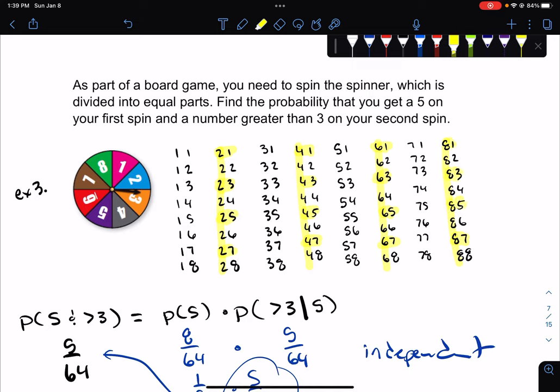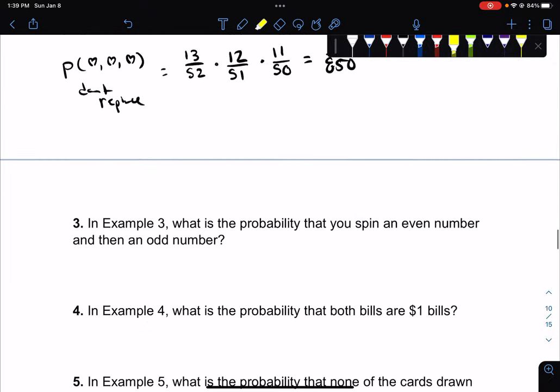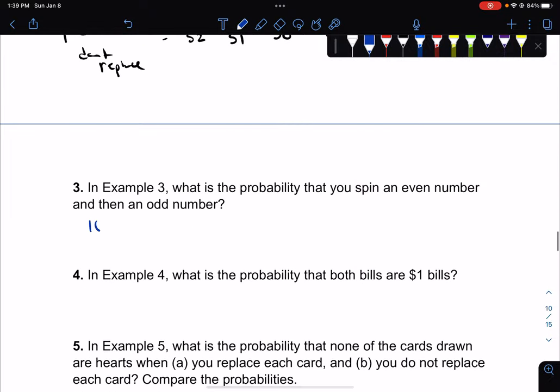So that's 4 from each column, 4 columns. 4 times 4, that's 16 out of 64, which seems right, which is 1/4, okay?